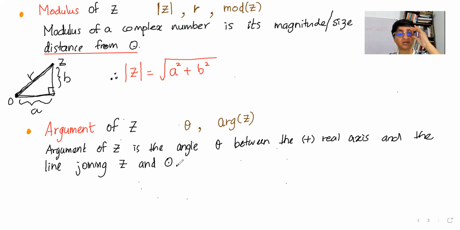That line I have drawn, it's the angle between the positive real line and that line. You can even say origin, but that's 0 actually.